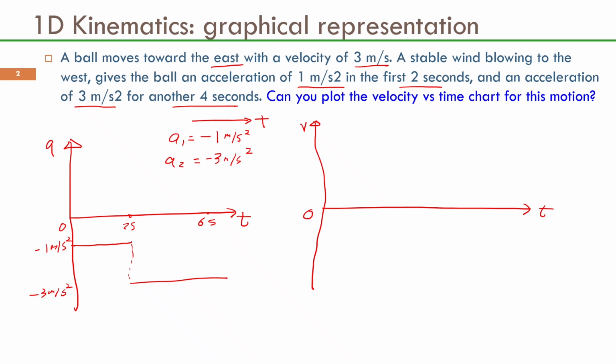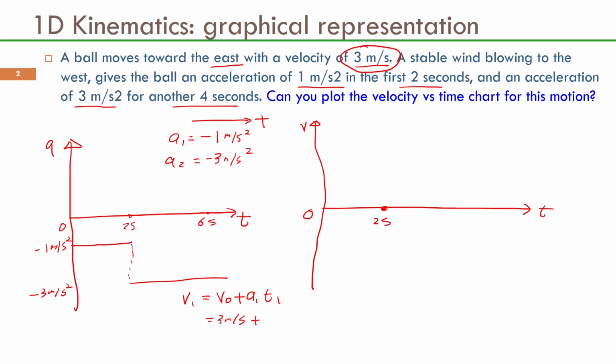If we draw the velocity versus time chart, the first thing we can do is find the velocity at the very important instances. For example, we can find the velocity at 2 seconds. How do we do that? We can use the kinematic equation v1 equals v0 plus a1t1. We know the initial velocity is 3 meters per second. We plug this in.